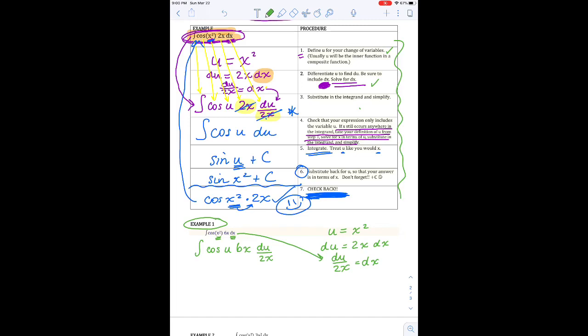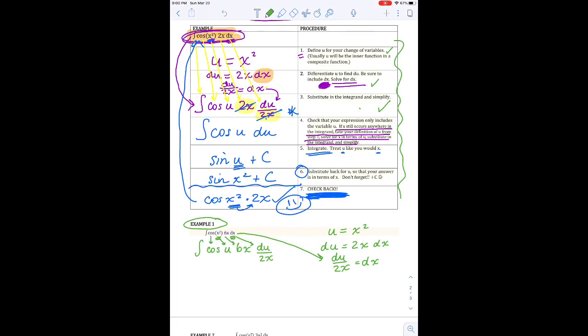So this middle step, number 3, is where I'm taking the integral and rewriting it. I have the integral, cosine is here, x squared becomes u, 6x stays, and dx becomes du over 2x.